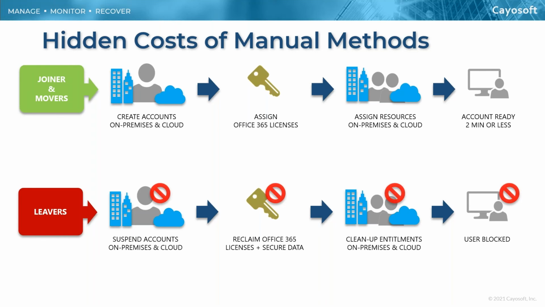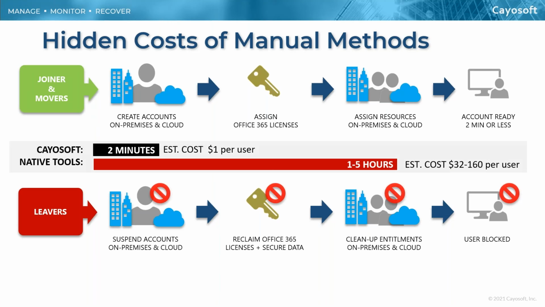Then you're going to have to populate a bunch of groups to give them access, or roles if they're administrators. And if you're doing that in an automated fashion, it's usually between 30 seconds and 2 or 3 minutes. If you're doing it natively, it can be an hour and a half, 2 hours, 3 hours.